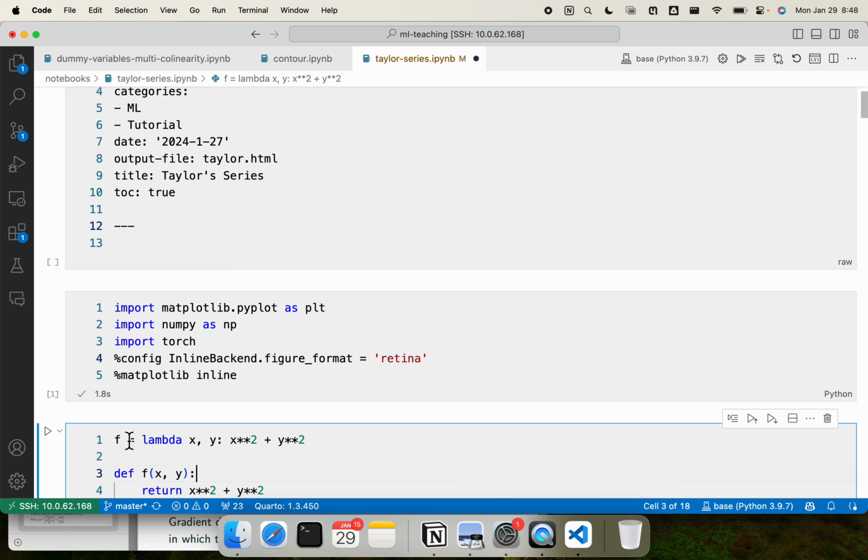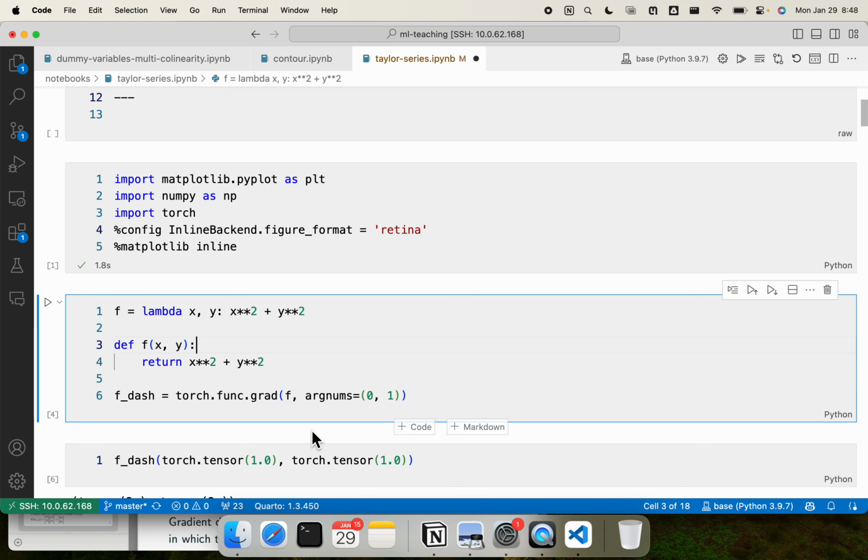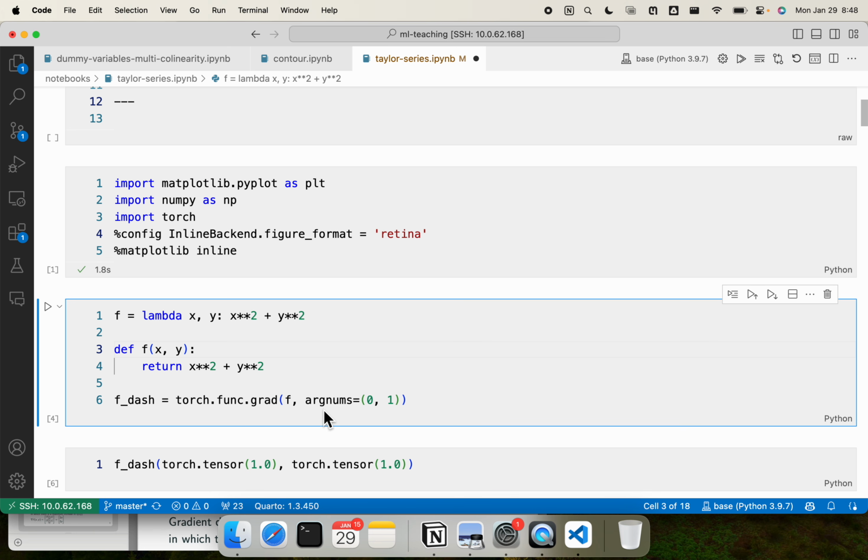The important thing in this implementation is that you give a function as an input and you get another function as the gradient. So, you have a function and you can obtain a function which is the gradient of the original function. We do it this way.